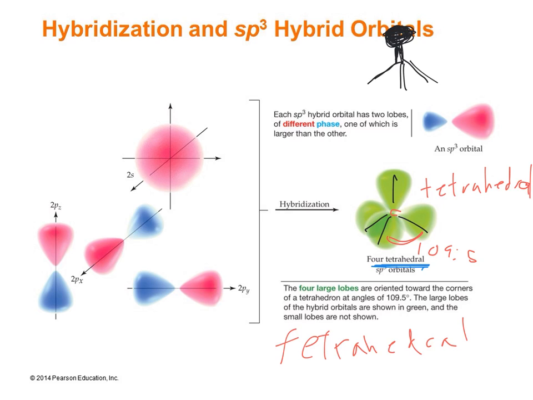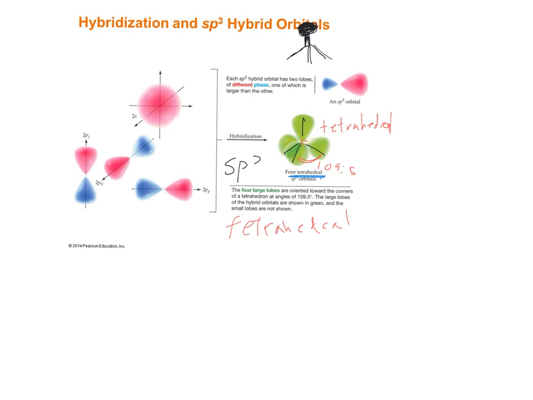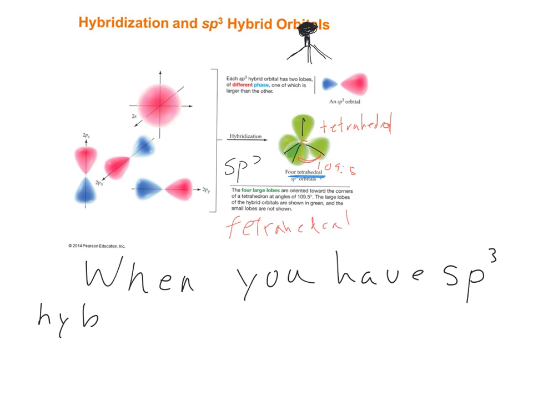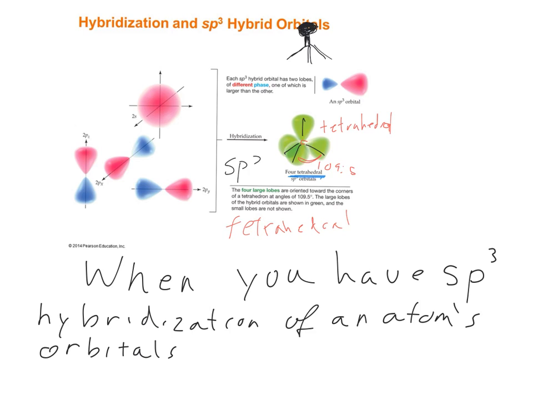You need to know that when you have sp3 hybridization of an atom's orbitals, it forms a tetrahedral shape.